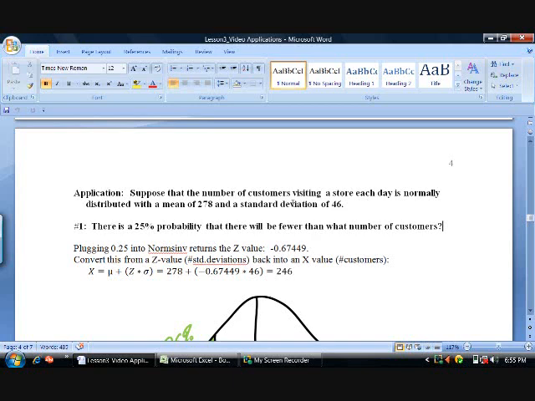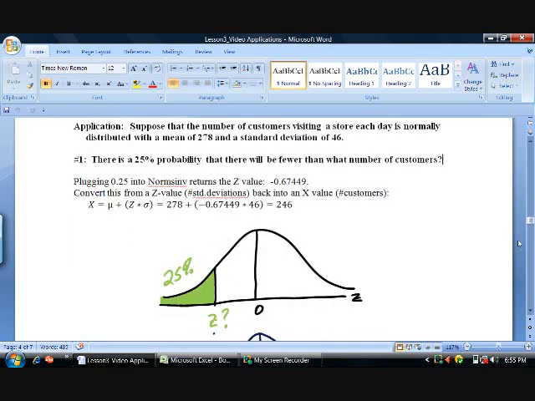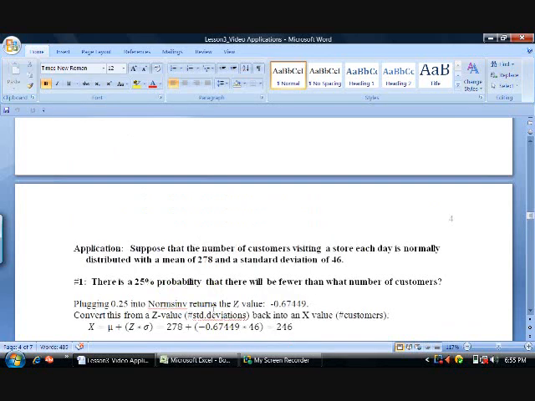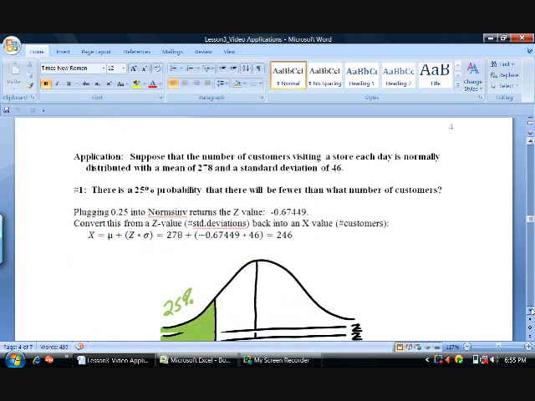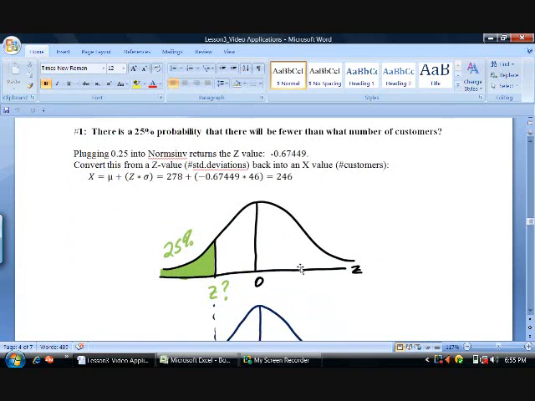So this is x. I have to find z's from Excel though. Alright? And I want a 25% chance of having a value less than some z. So I'm going to put 25% in the lower tail of this distribution. Find what the z is.